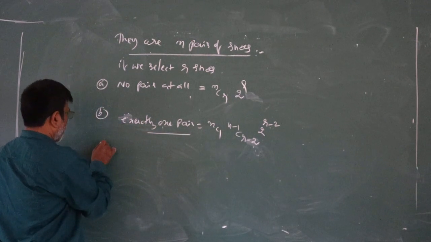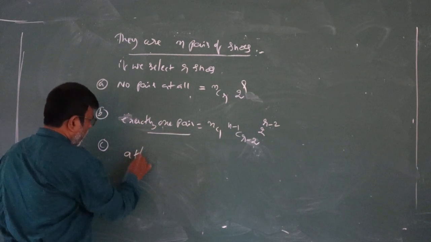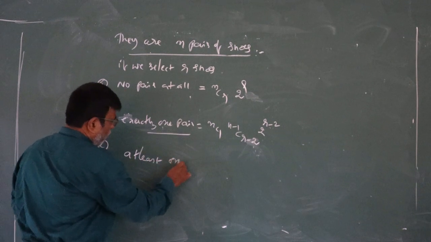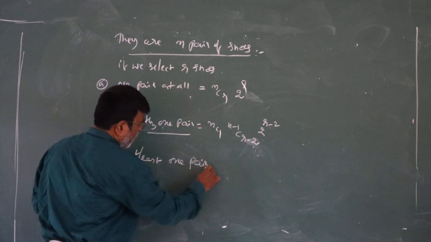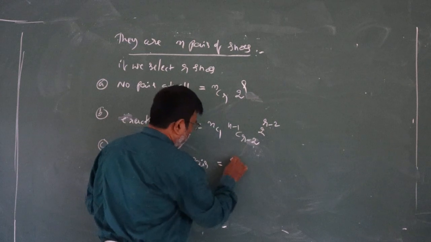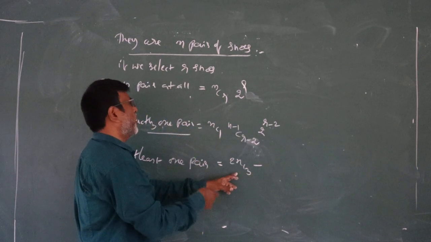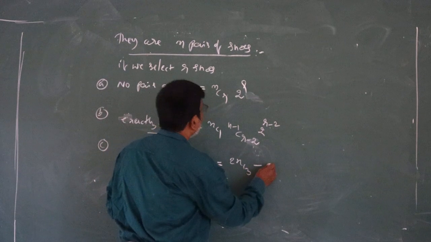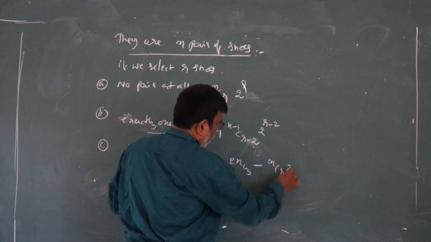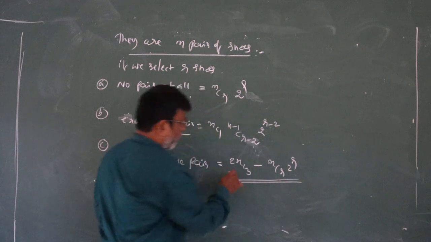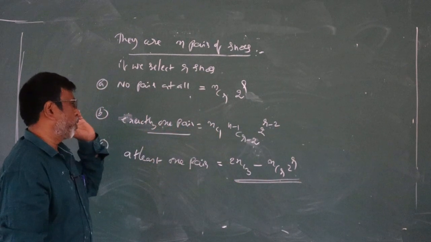Now at least one pair means total number of ways minus no pair. Total is 2NCR minus no pair, that is NCR into 2 power R. This shortcut formula is very important while solving the problems.